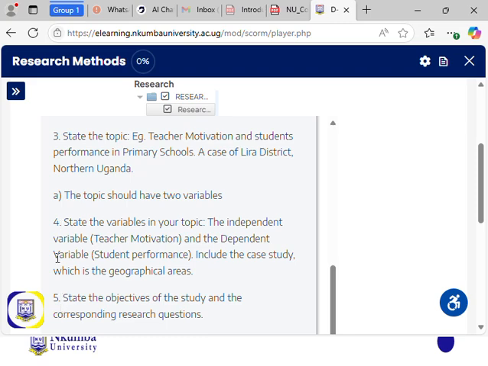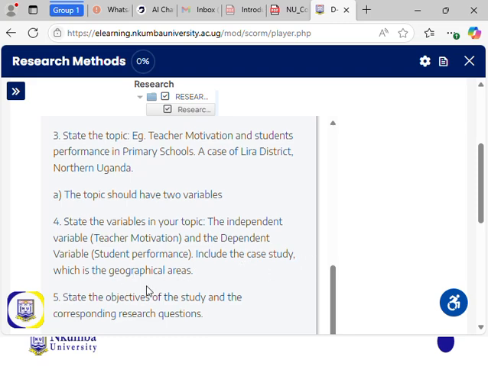It is a description of the variables. So here, the independent variable is teacher motivation, the dependent is students' performance. Include the case study, which is a geographical area.